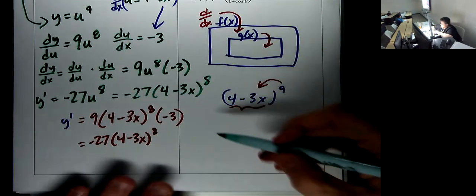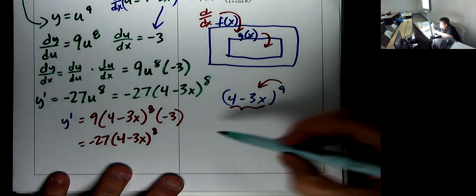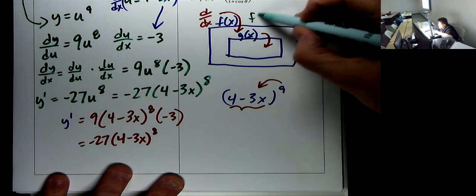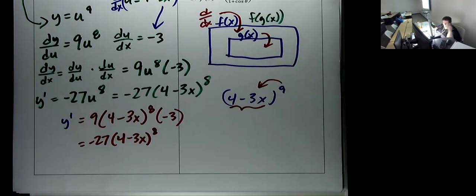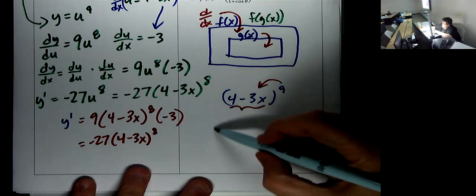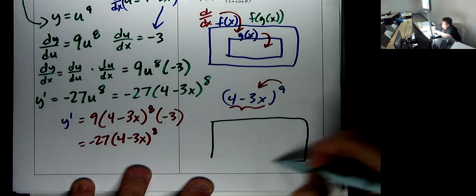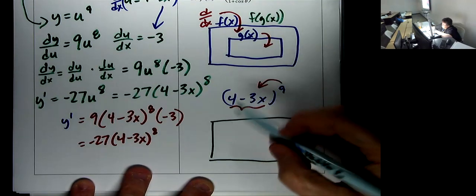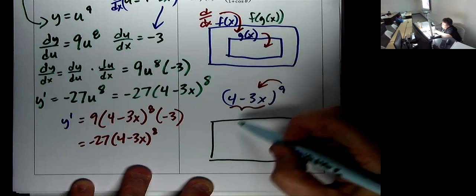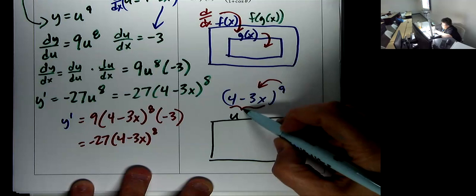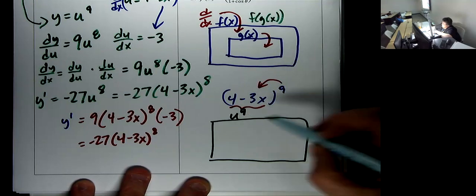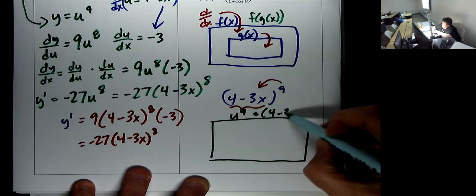In the box version, maybe I should call that f of g of x, outside. The outer box is like doing the derivative of u to the 9th, which is the best way to show it, which is 4 minus 3x to the 9th.